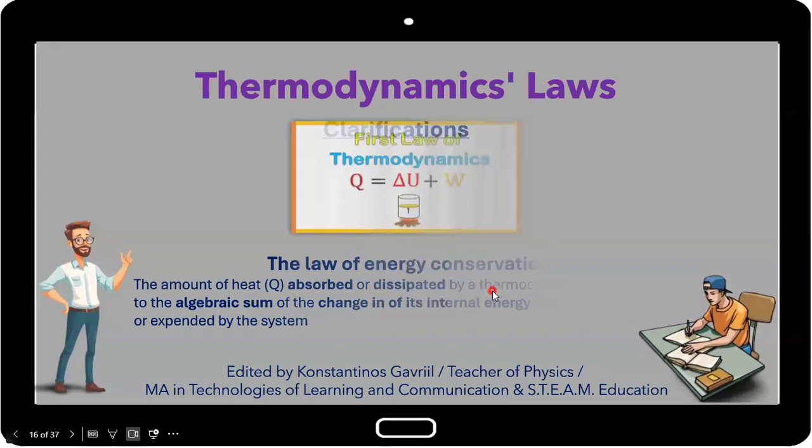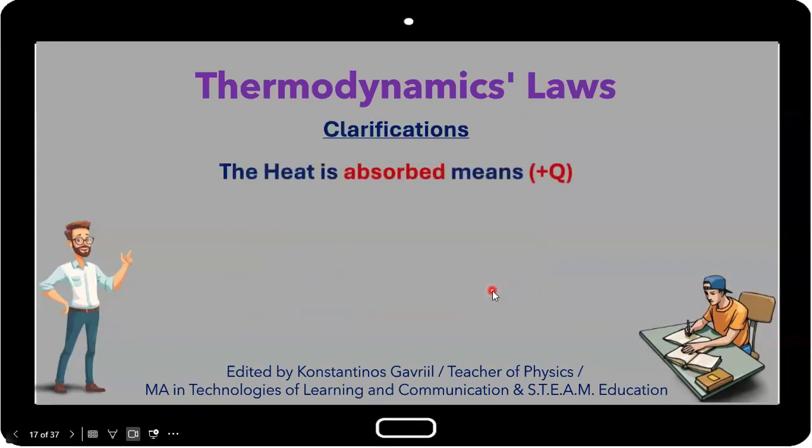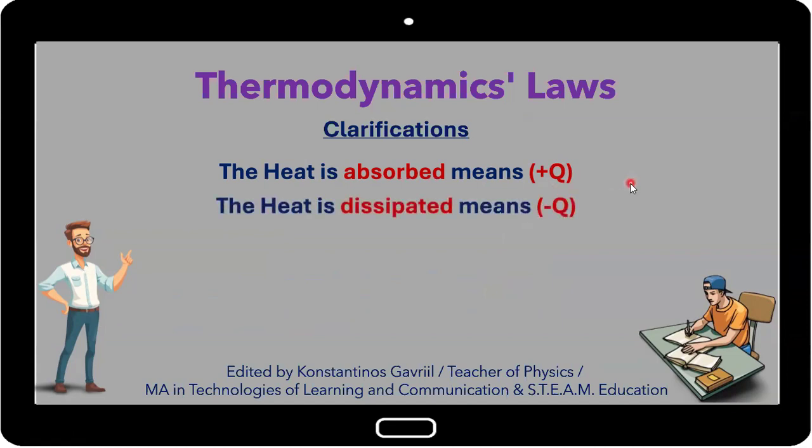Let's give some explanations and clarifications here. The heat is absorbed means that it is entered to the system. So we have a plus Q in our calculations. The heat is dissipated means that we have a minus Q in our calculations because the heat is exiting the system.